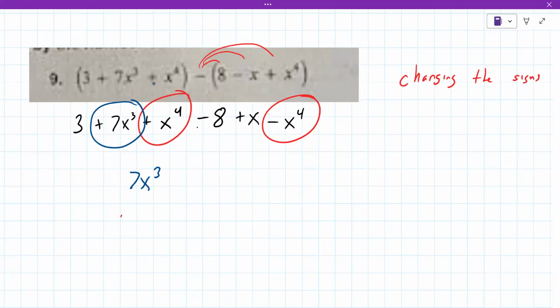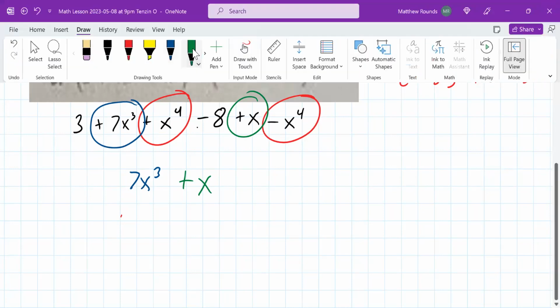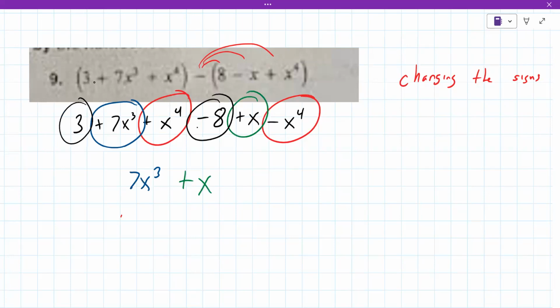How about anything to go with the x there on the right? No. And then what about the 3 and the other number there? What can you do with those? Add them. What do they add up to? Negative 5. Good.